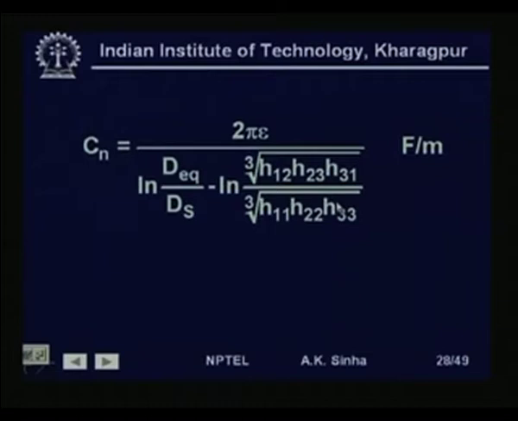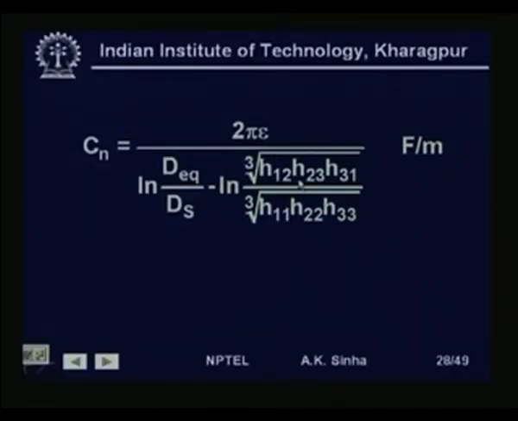Now, what we are seeing is the effect of ground is to introduce this term in the denominator, that is, the denominator is getting reduced by this amount, and therefore, the capacitance is somewhat increased. So, effect of earth is to increase the capacitance somewhat.